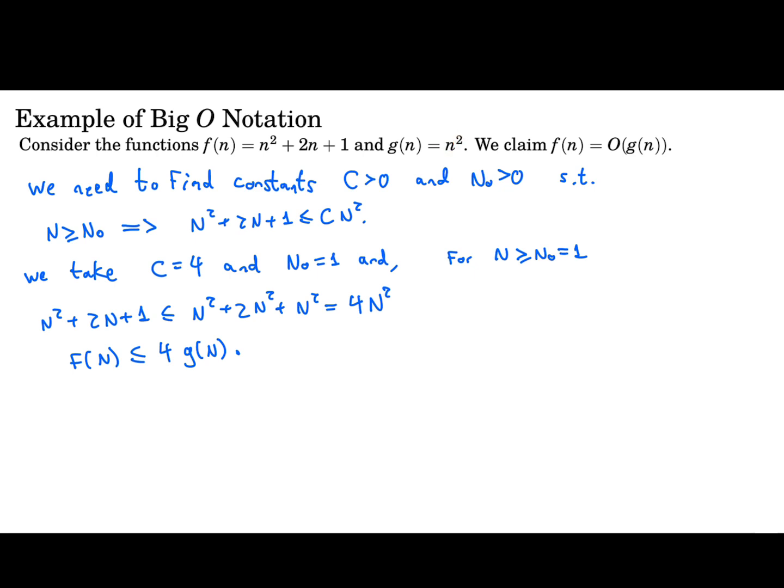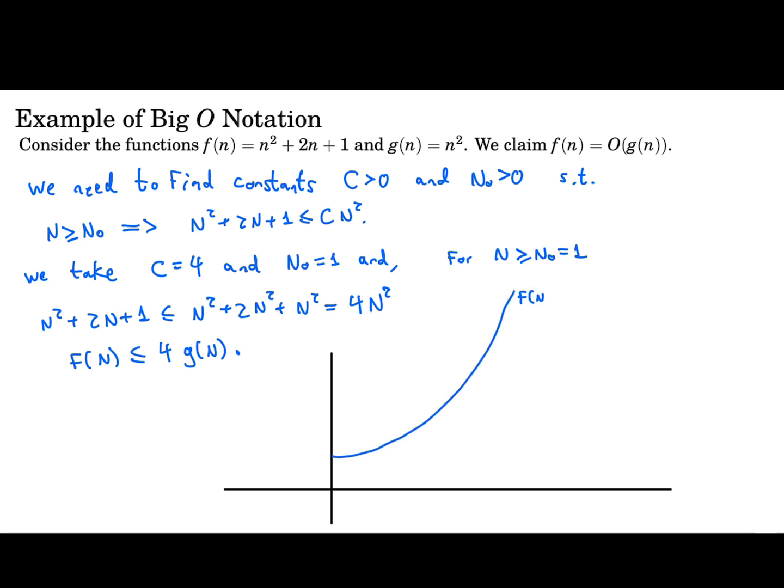Let's do a drawing to help visualize what's happening here. So the idea is that in this case, let's say this is our parabola f of n equal to n squared plus 2n plus 1.